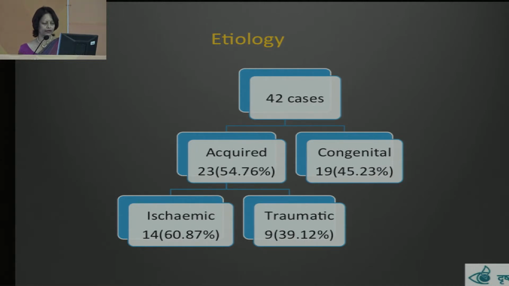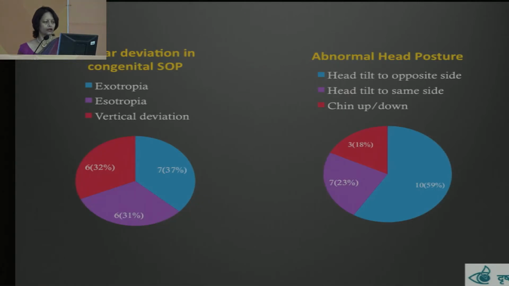Of the acquired, 60% were ischemic and about 40% were traumatic. We also had significant ocular deviations, with associated horizontal deviations in cases of congenital superior oblique palsy. About 37% had exotropia, an equal number had esotropia, and pure vertical was seen in 32%.